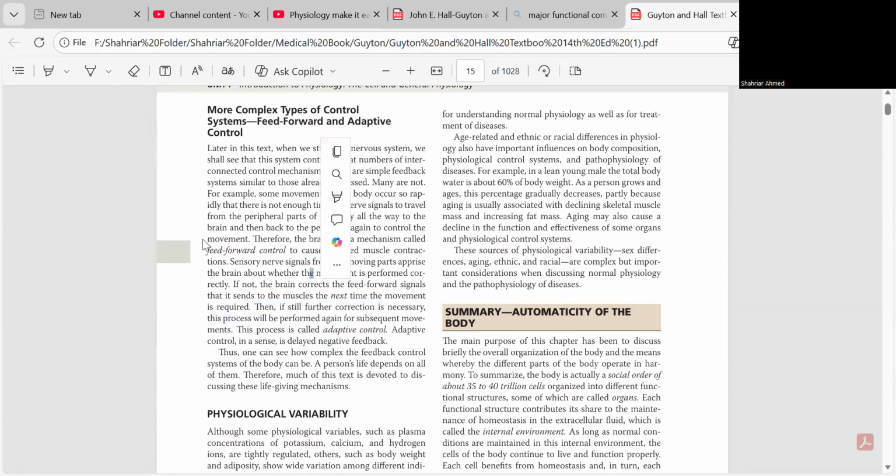So, feed-forward control causes the required muscle contraction. On the other hand, with adaptive control, if not correct, the brain corrects the feed-forward signals that it sends to the muscles the next time the movement is required. Then, if still further correction is necessary, this process will be performed again for subsequent movement. That is called adaptive control. Adaptive control, in a sense, is delayed negative feedback.